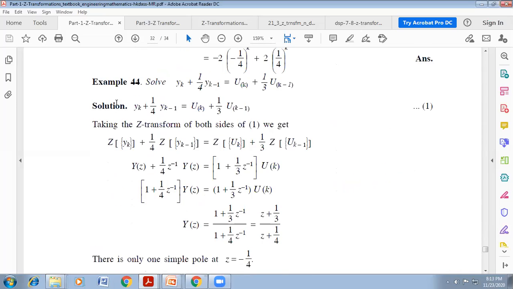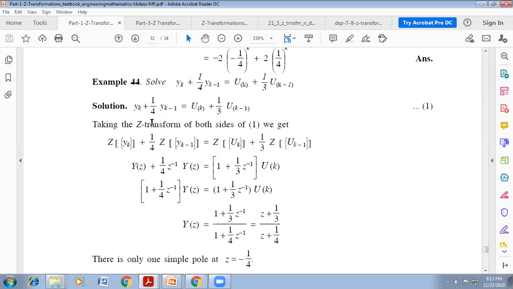Similarly, for this example, like the previous example we solved, u_k is present. u_k is another sequence: u is the dependent variable and k is the independent variable, and in this y is the dependent variable and k is the independent variable. So the left hand side and right hand side are different.